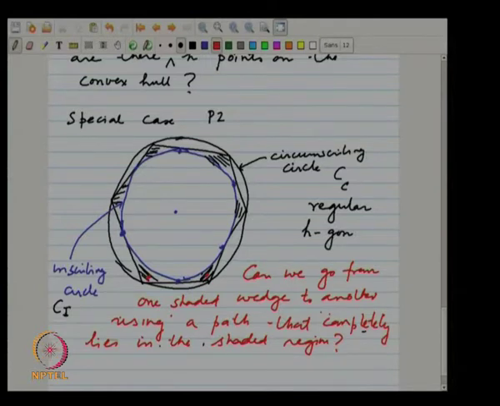The shaded region cannot include the points of contact. Essentially, I am saying that these are disconnected. I cannot go from one wedge to another.